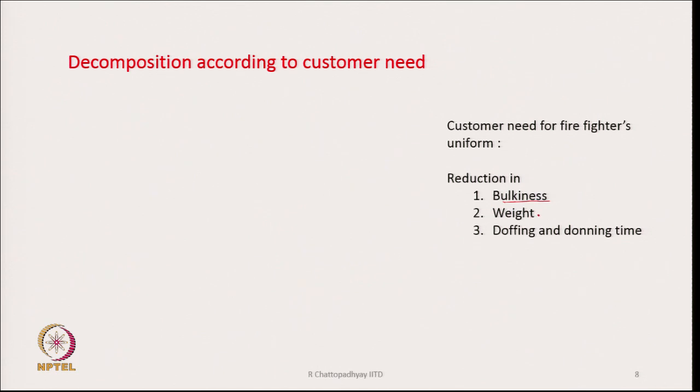Next is reduction in weight, that is, the uniform is probably too heavy for the users. So, weight reduction also they are looking for. And the third is, let us say, doffing and donning time. This is something important for firefighters, and they are looking for a uniform where doffing and donning time can be reduced, so that they can quickly put on the uniform and then rush for the rescue operation wherever there is a fire.